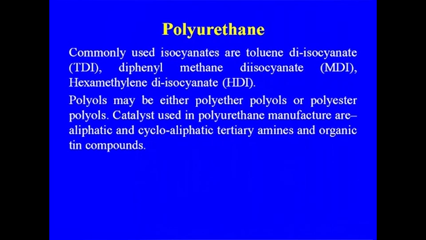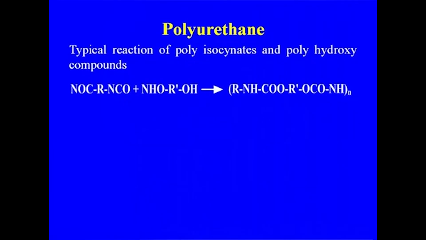Polyols may be either polyether polyols or polyester polyols. The catalysts used in polyurethane manufacture are aliphatic and cycloaliphatic tertiary amines and organic tin compounds. This is the typical reaction that is taking place between the isocyanates and the polyhydroxyl compounds, which we are using for making polyurethane.